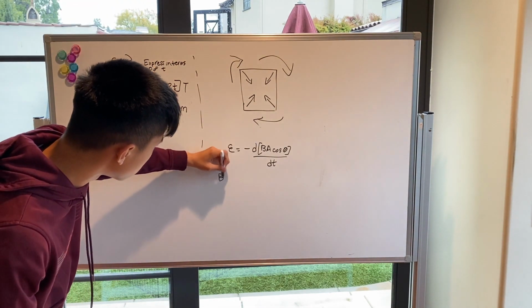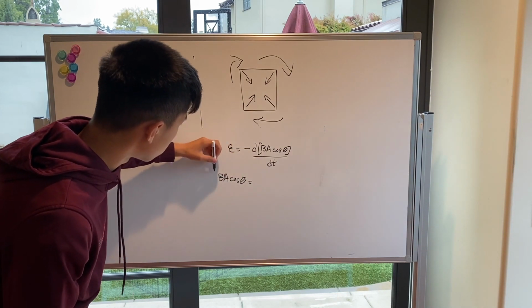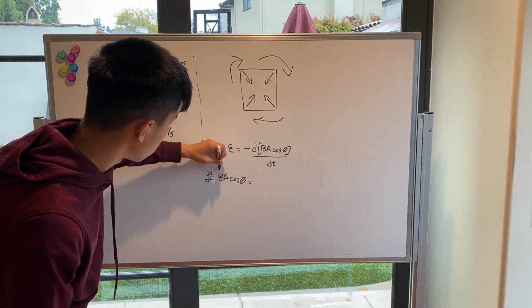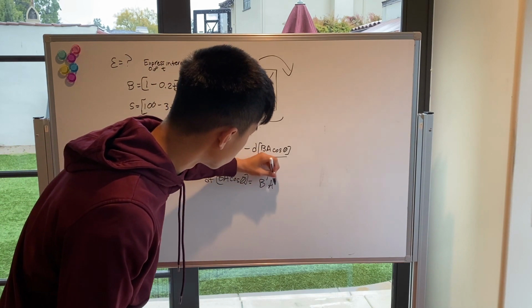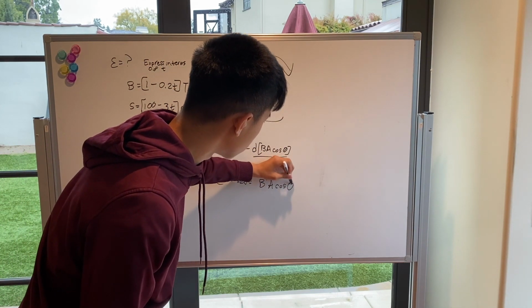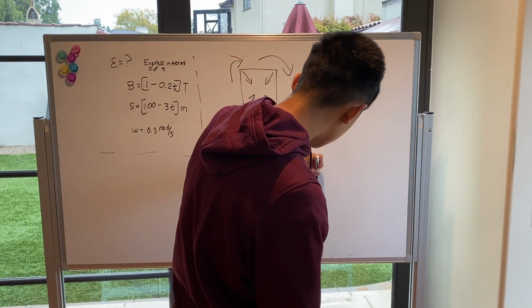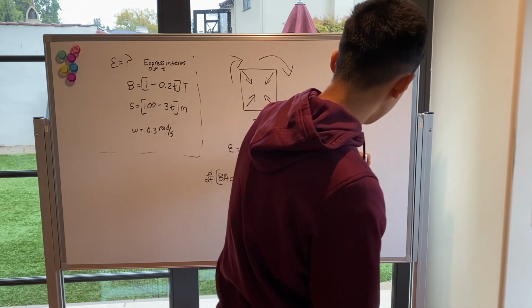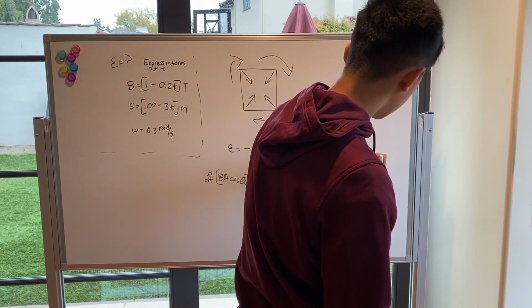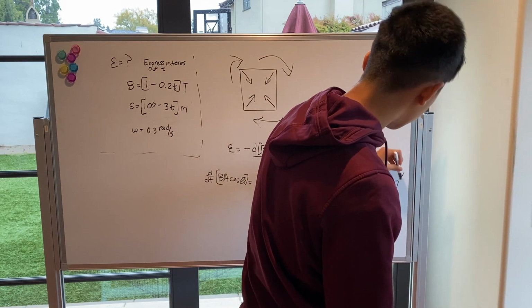So let's use the triple product rule. That's B prime A cosine theta plus B A prime cosine theta plus B A cosine theta prime.